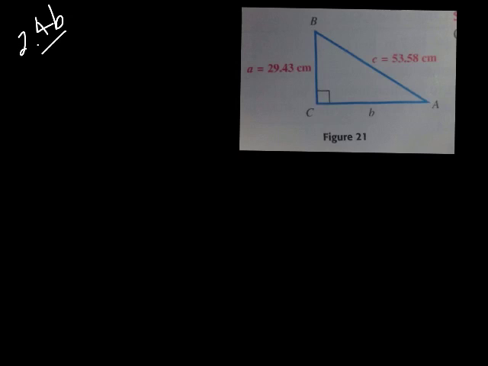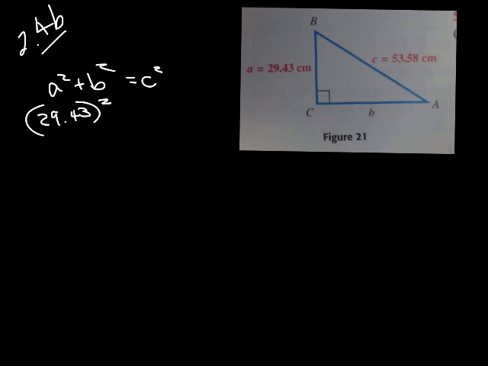This time, they're giving us two of the sides, and they're asking us to find the B and the A in the angle B up there. All right, so again, probably the simplest way to find side b is to take a squared plus b squared equals c squared. And we know a is 29.43.